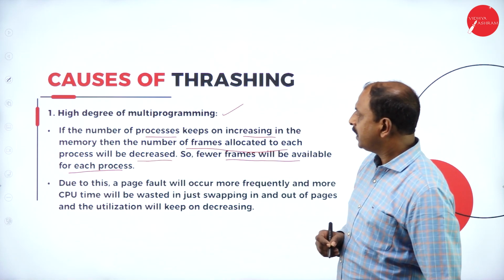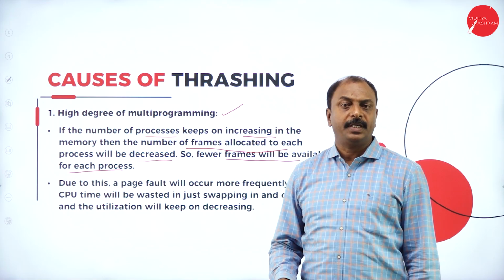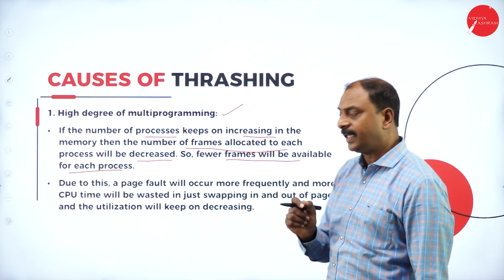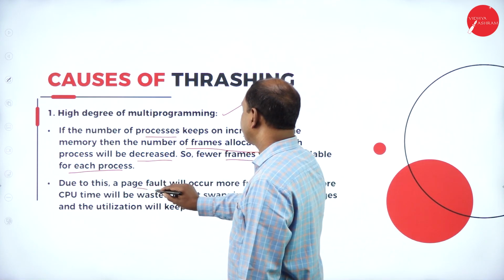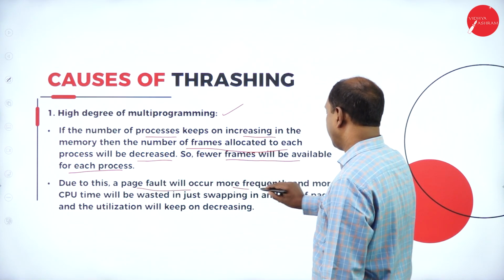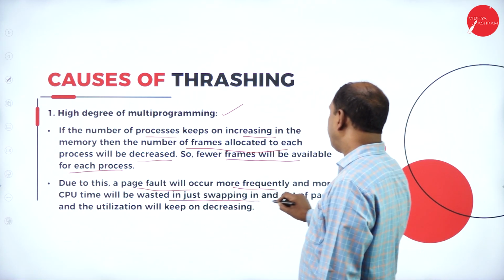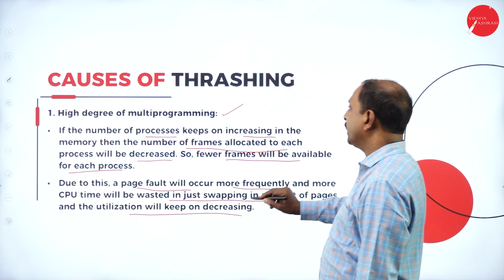As you know, each process will have a number of pages, and the pages will be divided into an equal number of frames of fixed size. Due to this, page faults will occur more frequently, more CPU time will be wasted in swapping in and swapping out of the pages, and utilization will keep on decreasing.